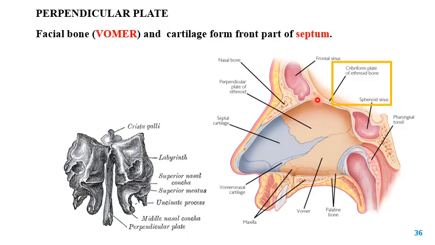So parts that you should know here. Here is your cribriform plate of the ethmoid bone, so it's right on top of your nose, right inside of your nose, right? And you're going to have here your olfactory nerves that go straight to the brain. The brain is sitting right there, okay? This is your frontal bone sinus.